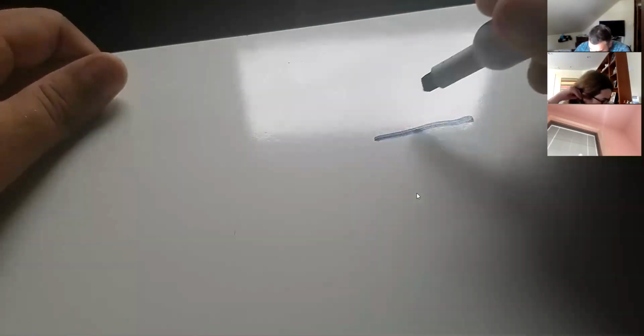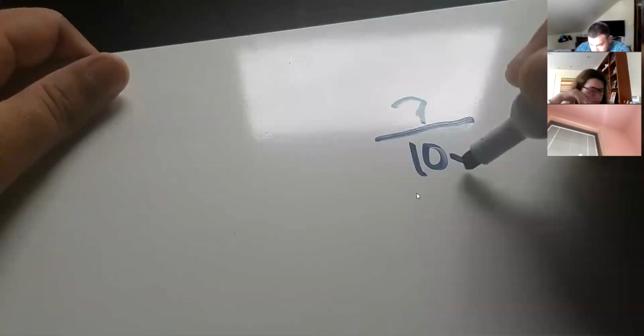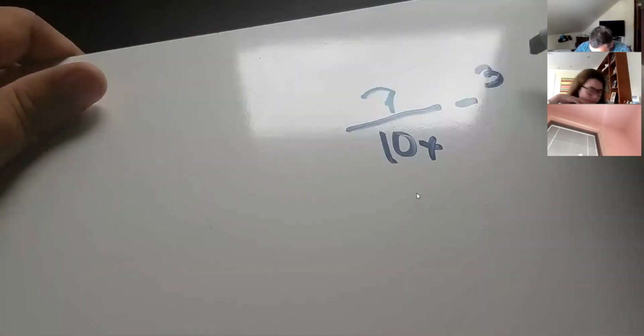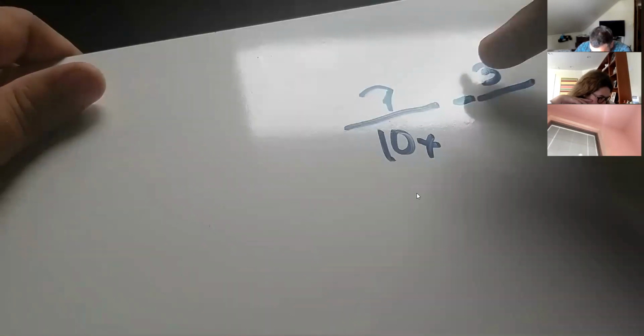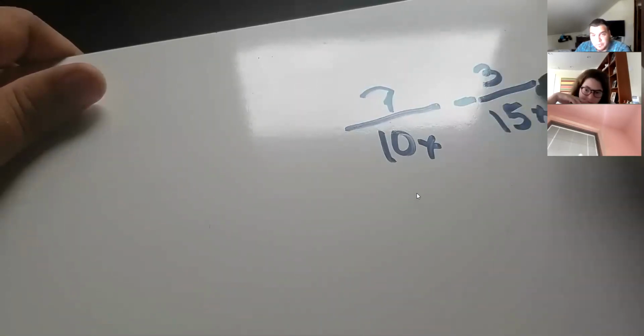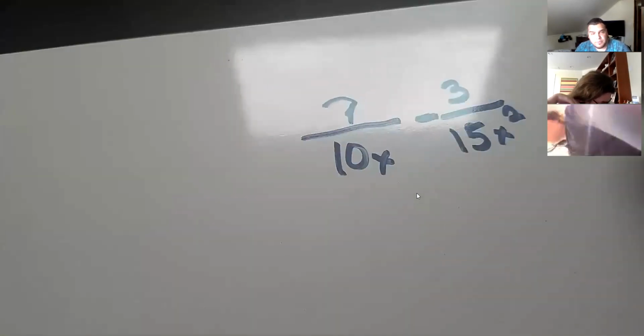So let's do 7 over 10x minus 3 over 15x squared. Ooh, there's a lot of things going on in this one.